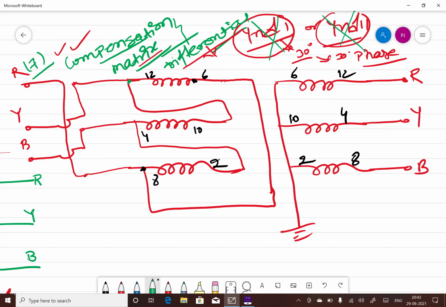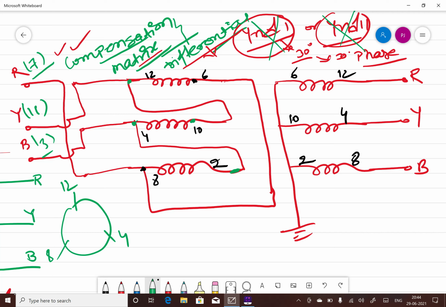Y phase is connected between these 12 and 10, and what comes between 12 and 10? It is 11. And B phase, which is connected between these 4 and 2, means it is connected at 3. So now if you draw the clock, this is our 12, 4, 8.